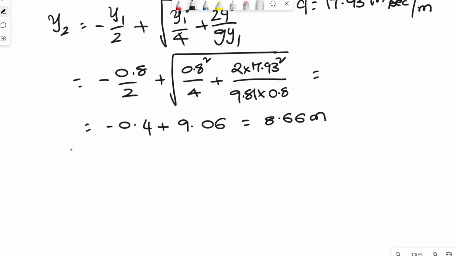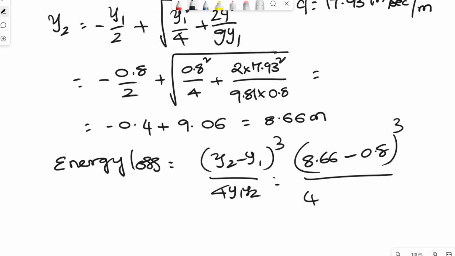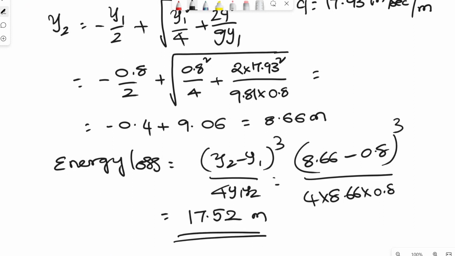Energy loss is equal to y2 minus y1 whole cubed by 4 y1 y2, simple. So y2 is 8.66 minus y1 is 0.8, both whole cubed divided by 4 into 8.66 into 0.8. If you do it, you are going to get the energy loss, which is going to be 17.52 meters.